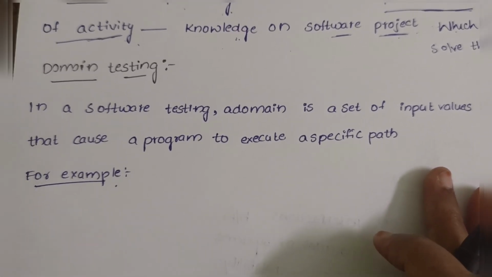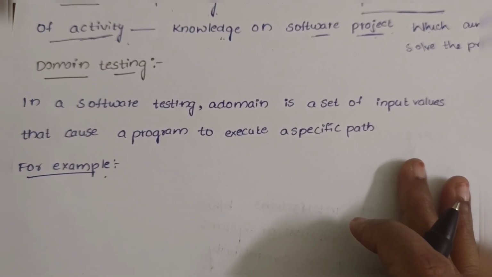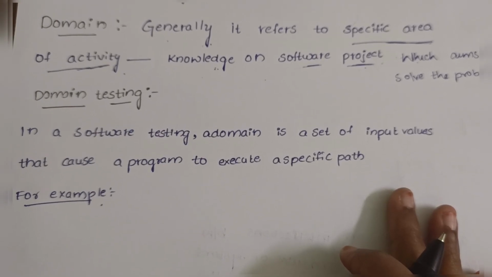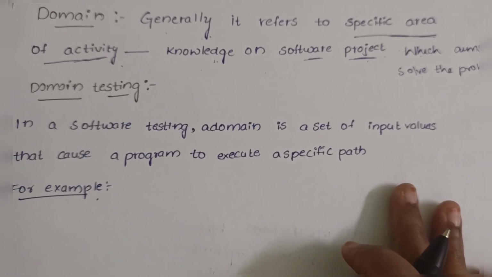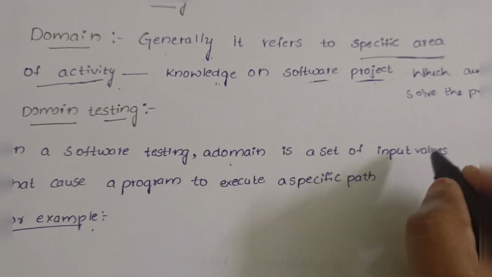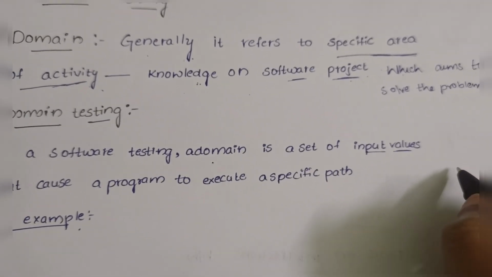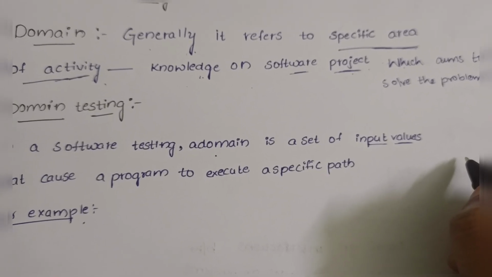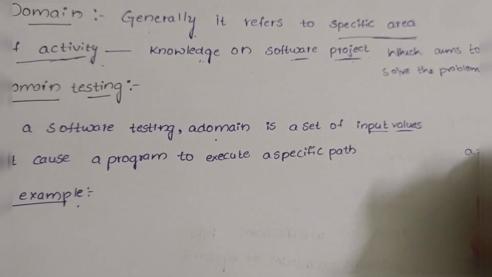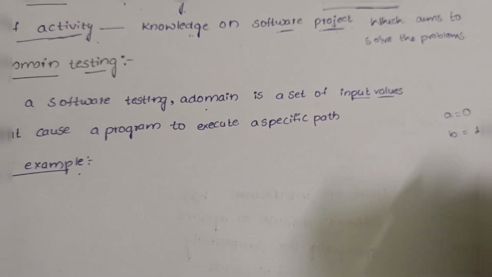Next, coming to domain testing. Previously we said a domain has a specific area of activity. In domain testing, a domain is a set of input values, like when we are going to execute a program, we have some input values like a equals 0, b equals 1.